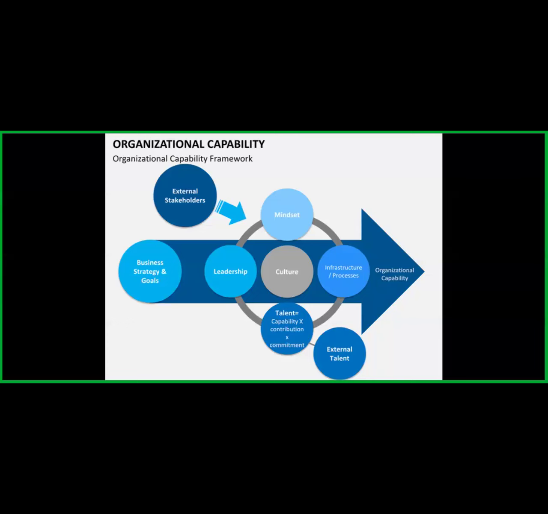And then there are say four small circles, and they are connected to each other. You can see that on the slide in that particular picture. It is related to leadership, mindset, infrastructure, and talent. Talent is equal to capability multiplied by contribution multiplied by commitment.